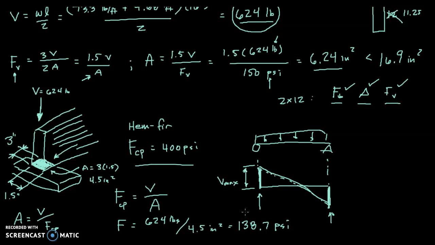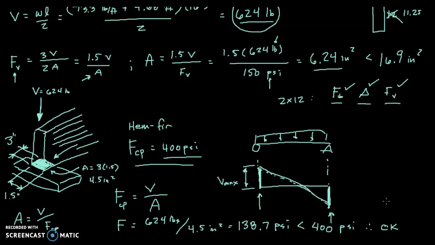Is that adequate or not? Is that acceptable? Well, the allowable compressive stress is 400, and the actual bearing stress is only 138.7. So that is obviously less than 400 psi, and therefore it is okay.